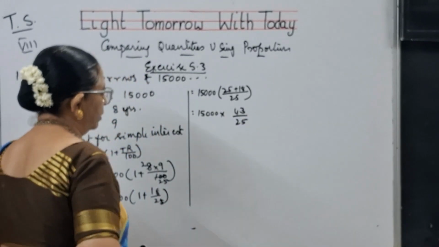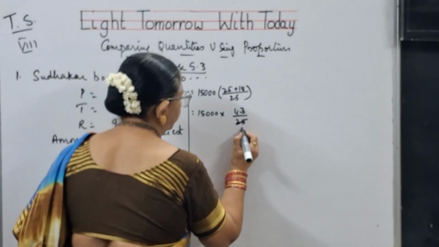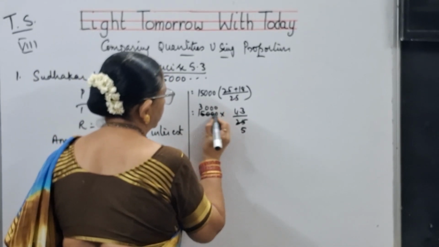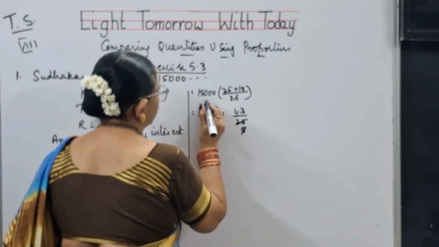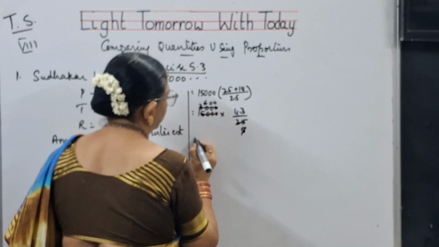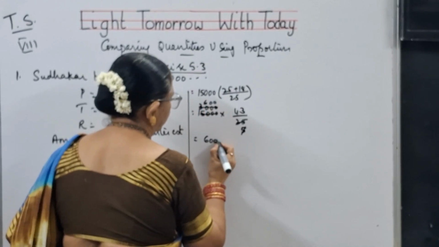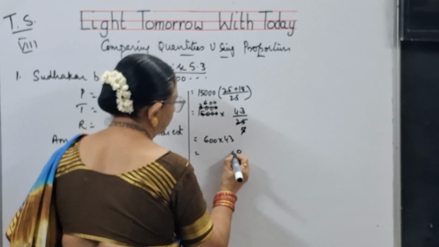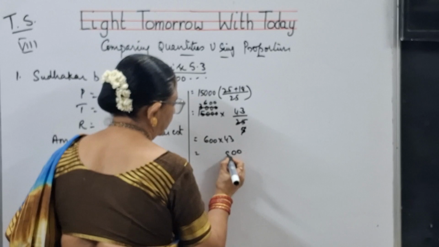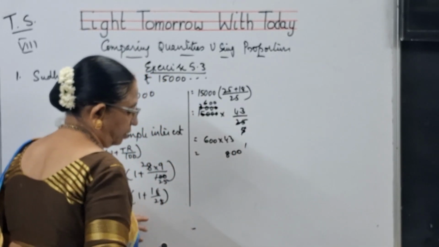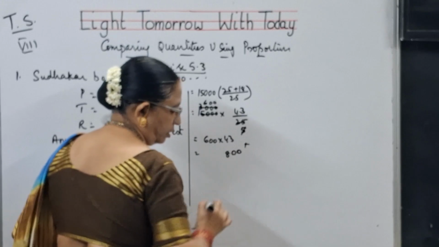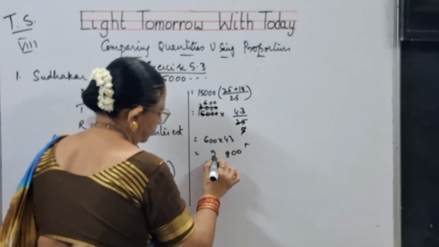So how much are you getting here? 5 5s are 25, 5 3s are 15, 1 2 3. Again 5 6s are 30, 0 0. So it is 600 into 43. That means 0 0. 3 6s are 18, 3 4s are 12, 24, 1 25.